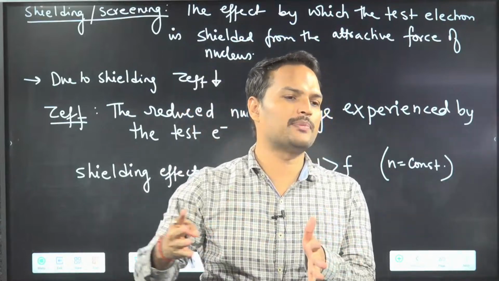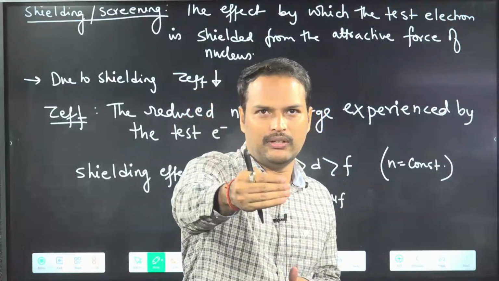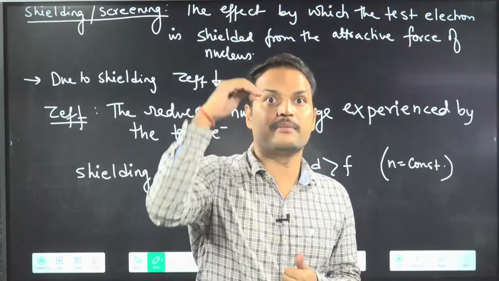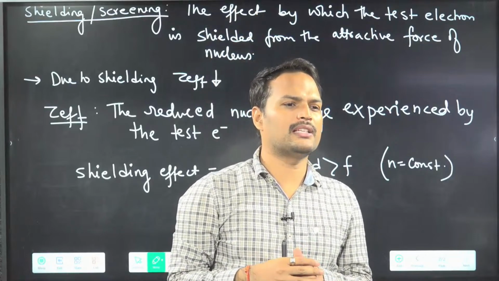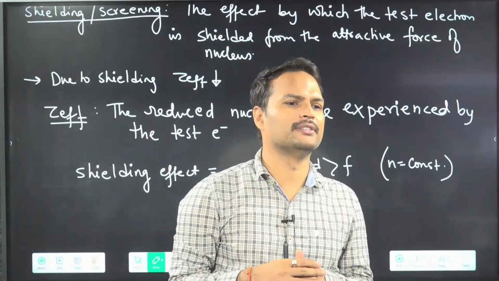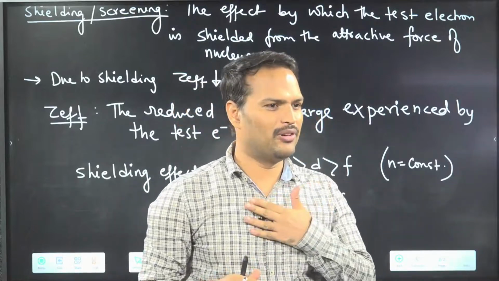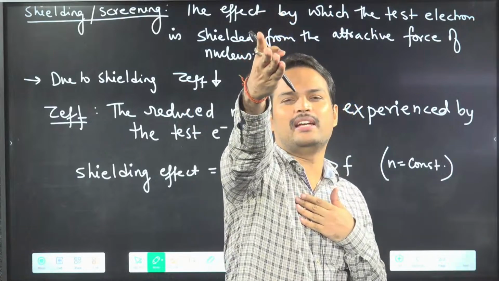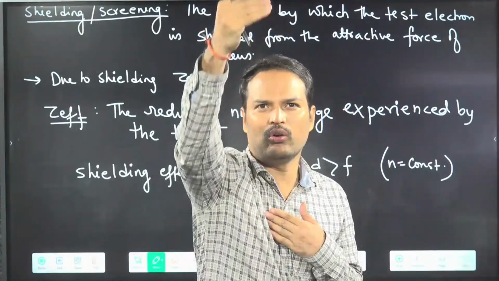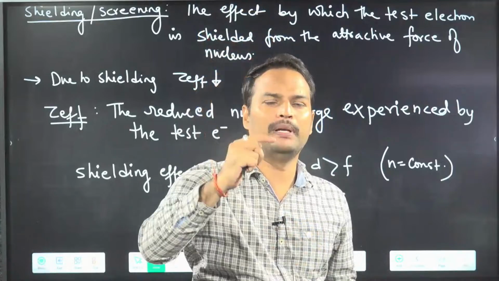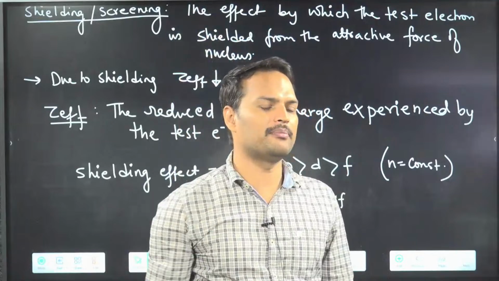Your options are S, P, D or F. Are you getting the question? I want one orbital between the screen and me so that I am saved from the screen.